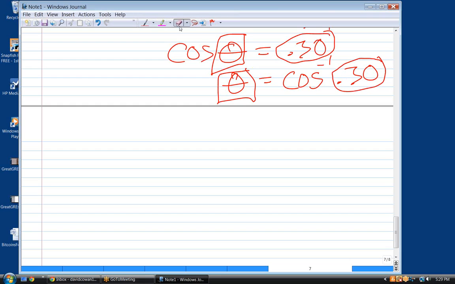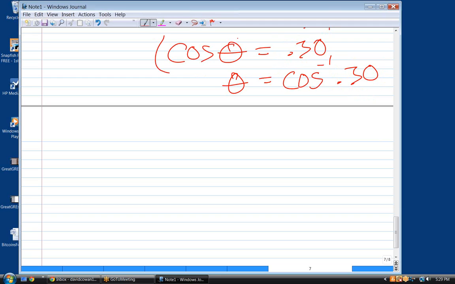Another way of looking at this is, to solve this, I'm going to take the inverse cosine of both sides. I'm going to take the inverse cosine of the left, and the inverse cosine of the right. When I take the inverse cosine of the cosine of theta, it just becomes theta, and I'm left with inverse cosine of 0.3.